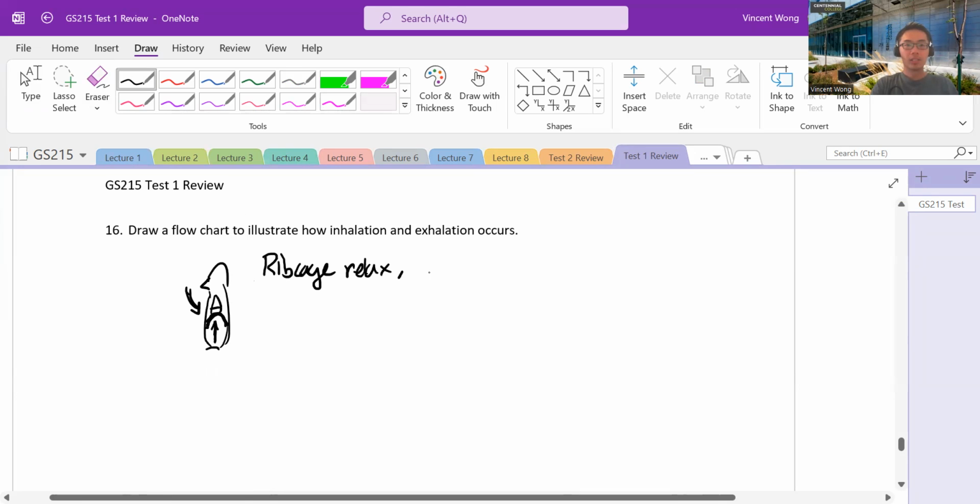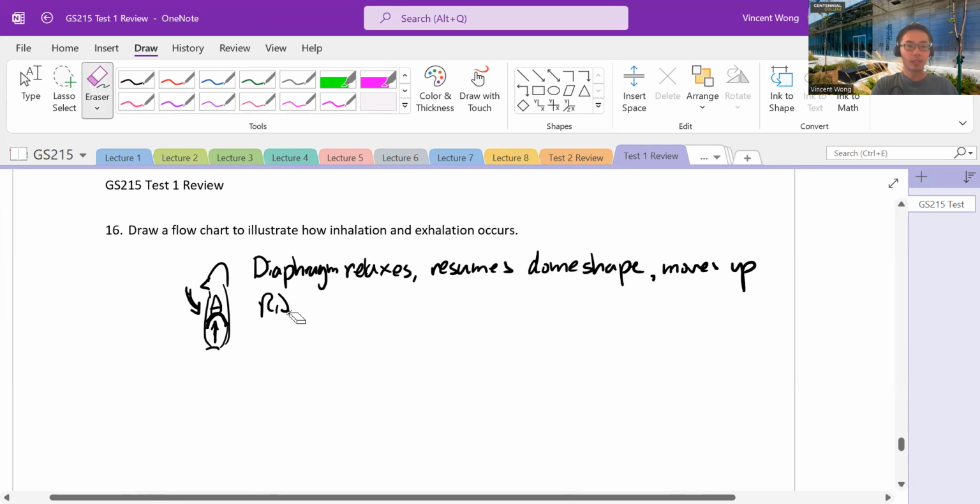Okay, so we say diaphragm relaxes, resumes dome shape, moves up, and then at the same time, rib cage. No, I don't mean rib cage. I mean diaphragm. I'm sorry. Diaphragm. And then the rib cage moves inwards. Comes in, comes down.